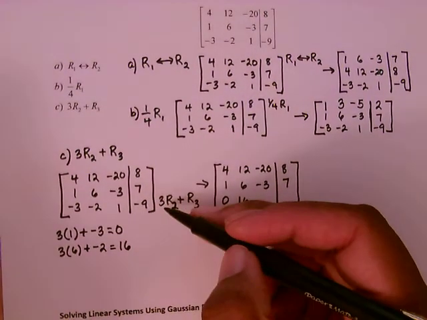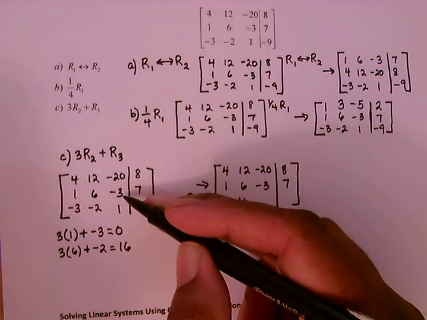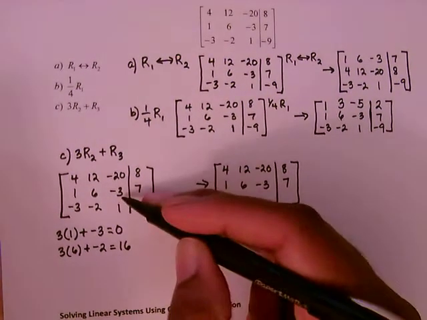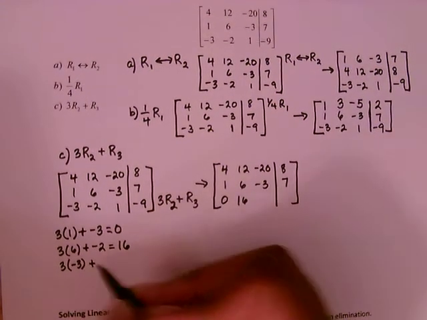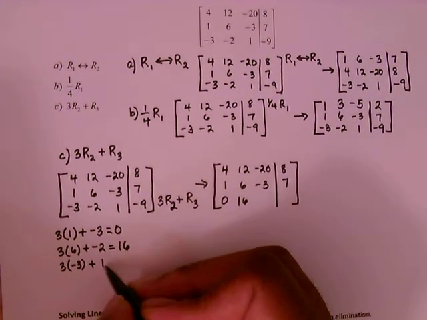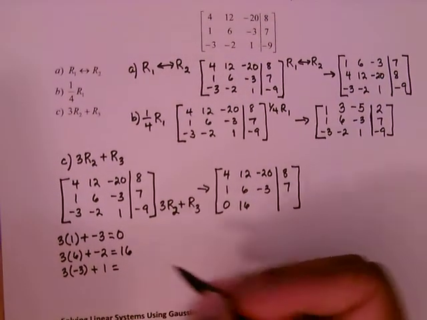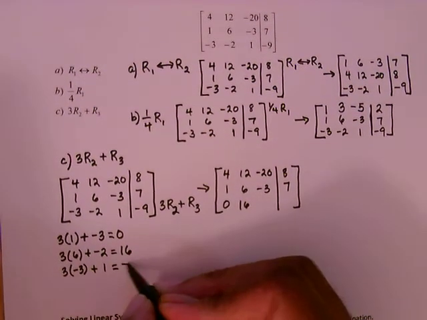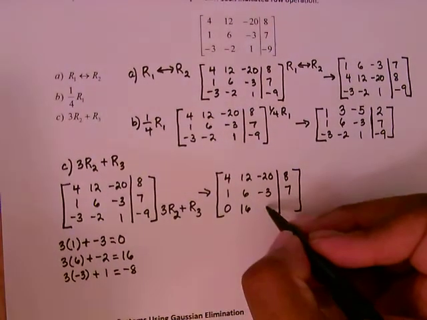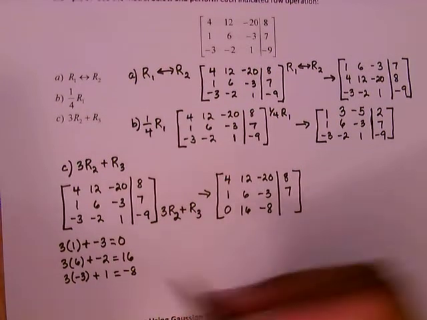And then 3 times the element in row 2, 3 times this -3, plus the corresponding element in row 3, which is 1. So 3 times -3 is -9. -9 plus 1, that's -8. So that -8 goes here.